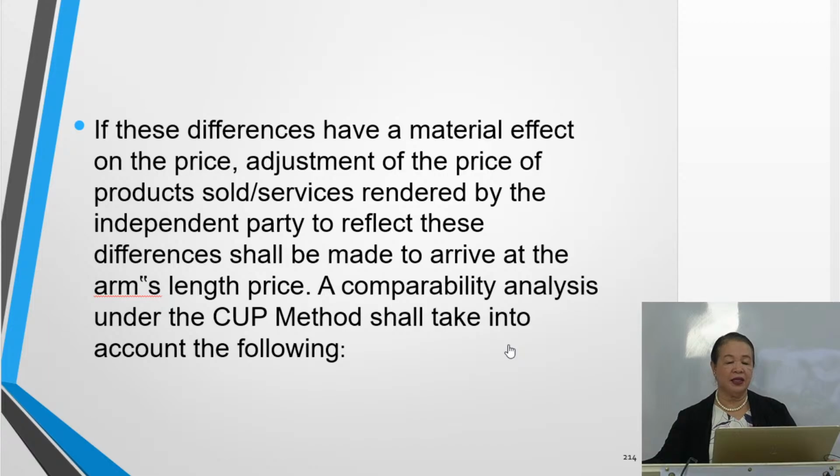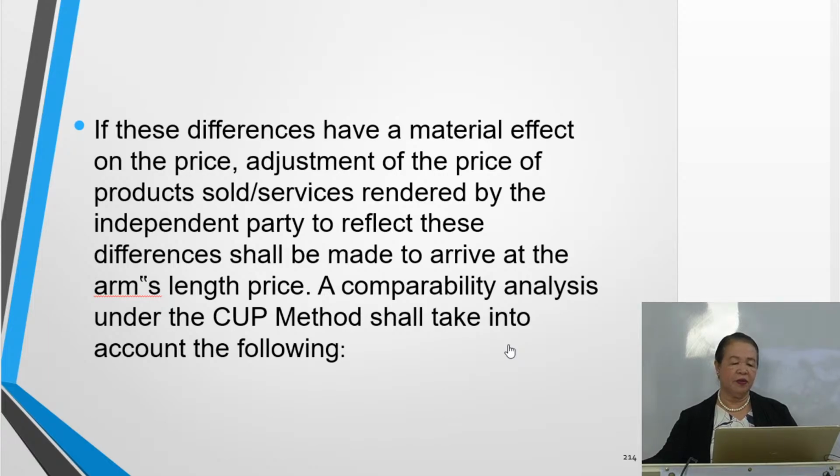Number 2, if the product is in the form of services, no, the nature and extent of such services provided. No? So, ano ba yung nature ng service? Ano ba yung extent ng such services? So, you compare. Number 3, whether the goods sold are compared at the same points in the supply or production chain. No? So, ano ba yung goods sold? No?